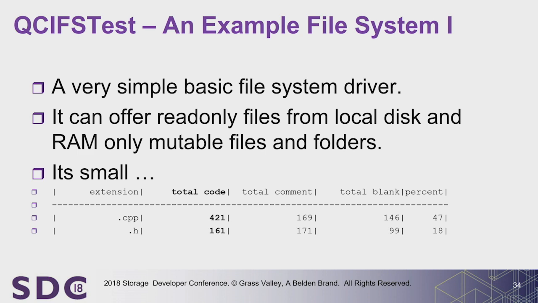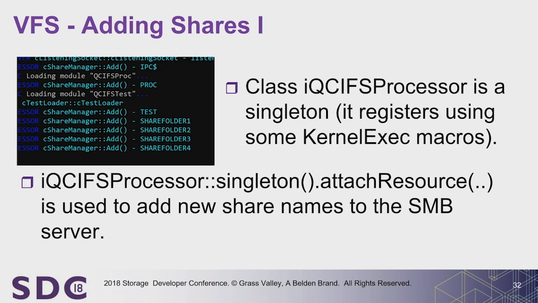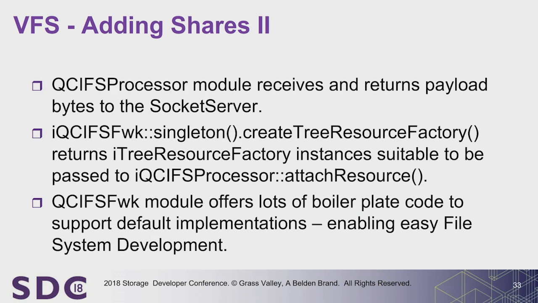So that's QCIFSTest. In the actual code, there's a singleton, which is called an iQCIFS processor, and you can get at that to attach a resource. And a resource is basically a share. Then that will connect to the socket server and start getting, it will say, oh, is there a share? It gets a connection.